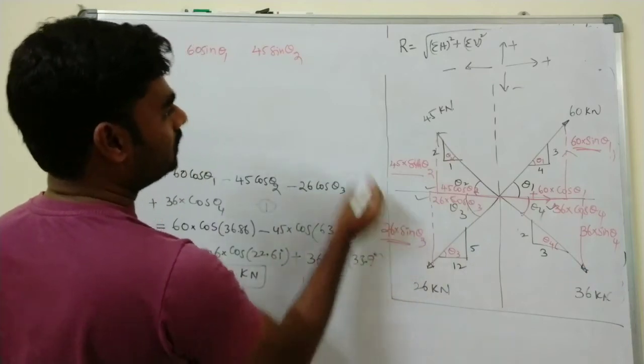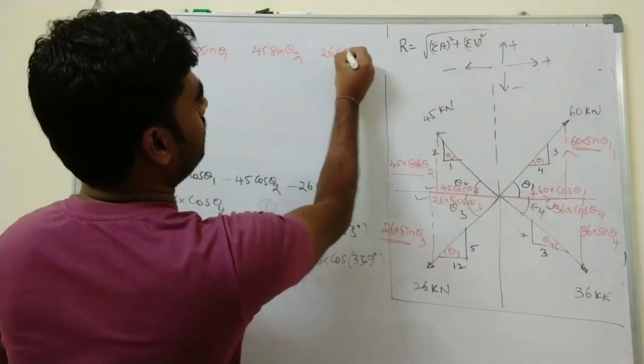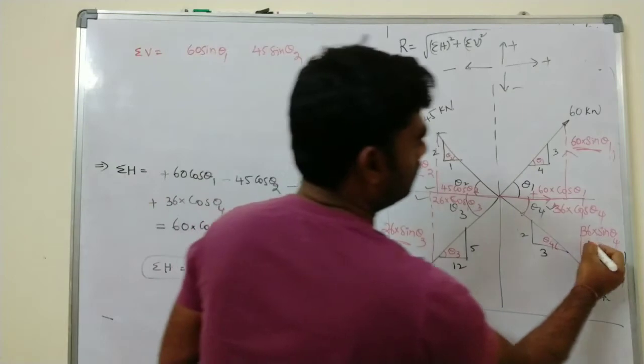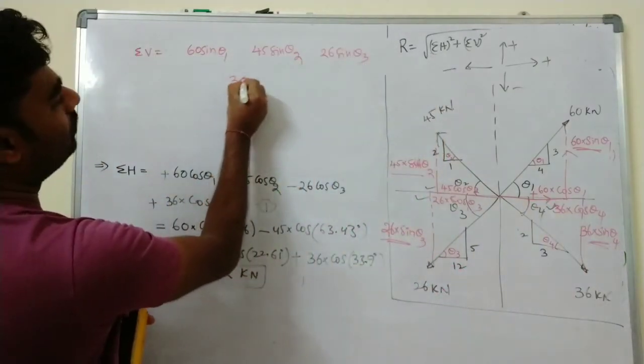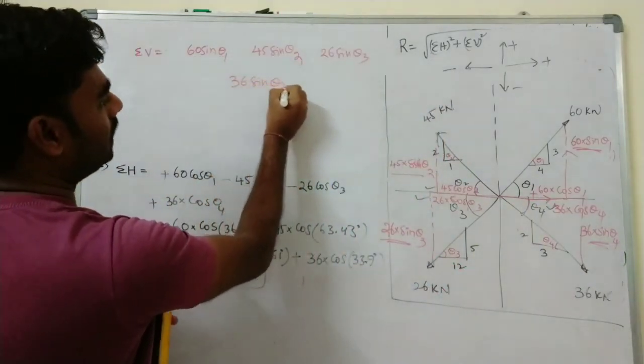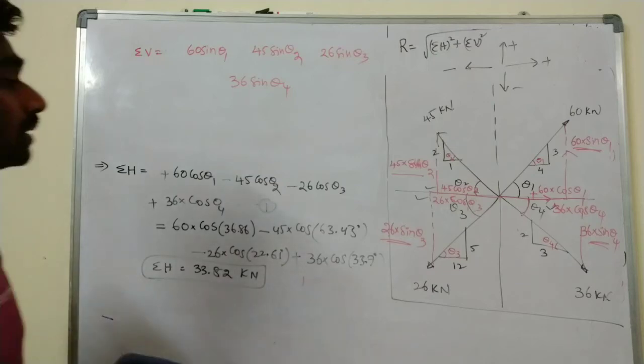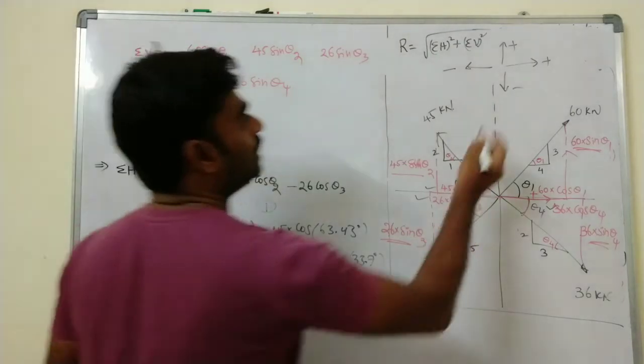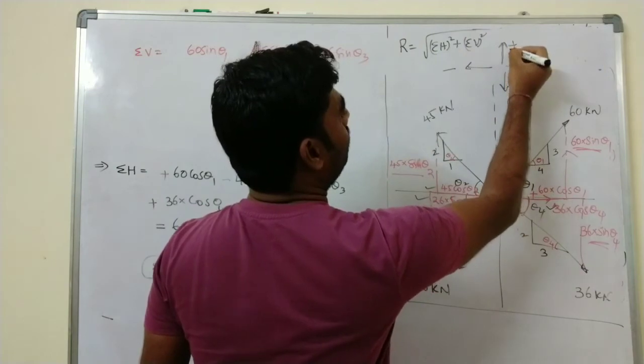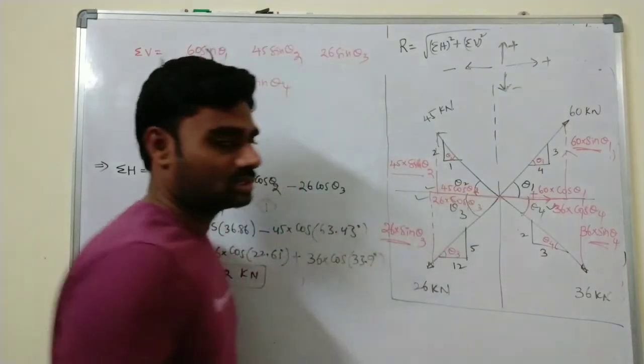Next 26 sin theta 3. Next 36 sin theta 4. But which one is positive and which one is negative? Identification of plus and minus is very important. In the vertical direction, upward is plus and downward is minus.